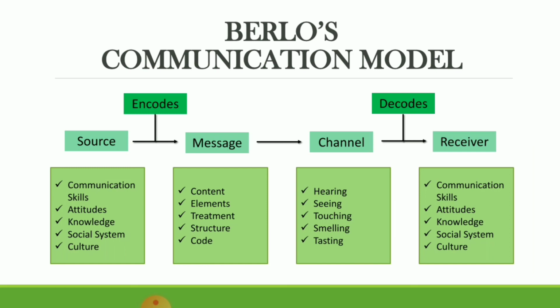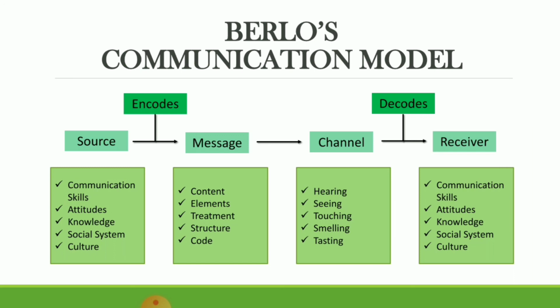The code shows how the message is sent, that is, the language, or the verbal code, that is used, and the accompanying gestures, which is the nonverbal code, which is employed. Note that there should be no mismatch between the verbal and nonverbal codes.